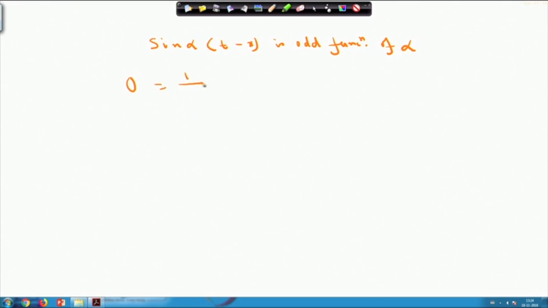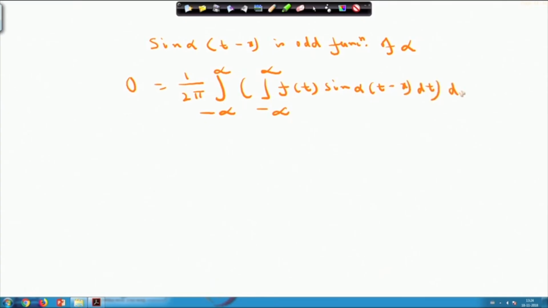So I can write the equation as 1 by twice pi, minus infinity to infinity, f(t) into sin of alpha into (t minus x) dt d alpha. The earlier equation is equation 2, and this will be equation 3. Since this is an odd function, the value will always be 0.